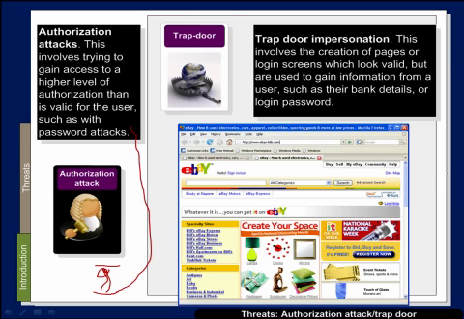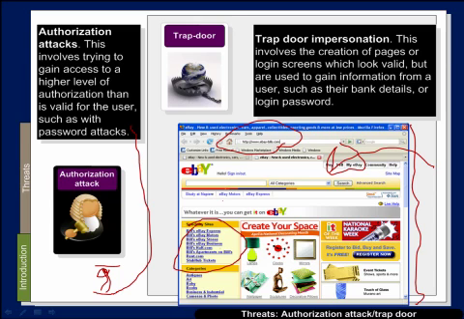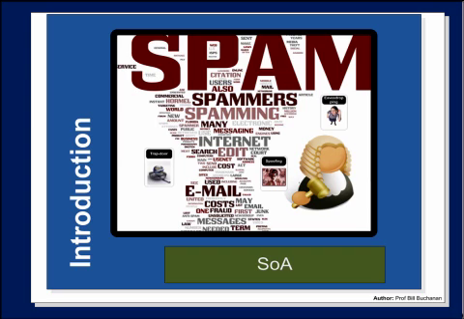Trapdoor impersonation involves where valid looking web pages such as this can be set up so that the user thinks they're actually accessing valid content, but as we can see in this case the page is actually malicious. In this way we have a trapdoor where the user feeds in some details that could be used for malicious purposes.